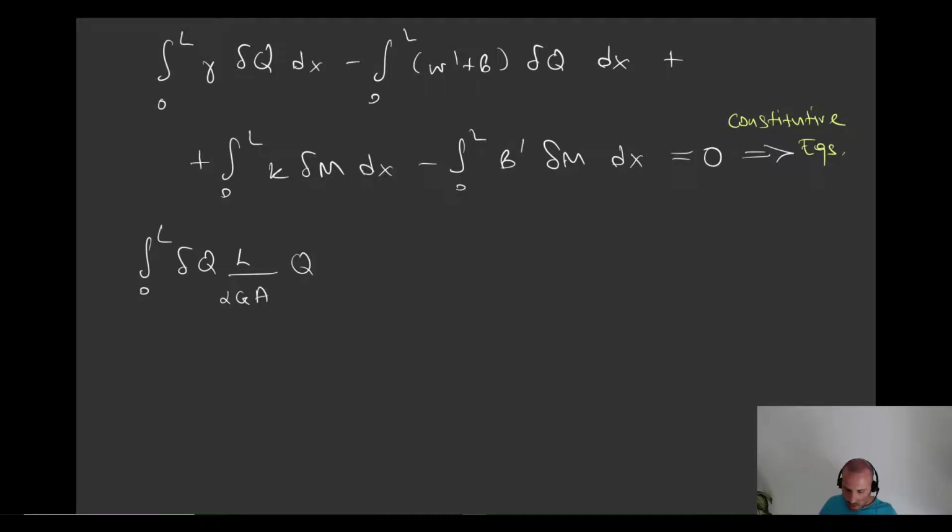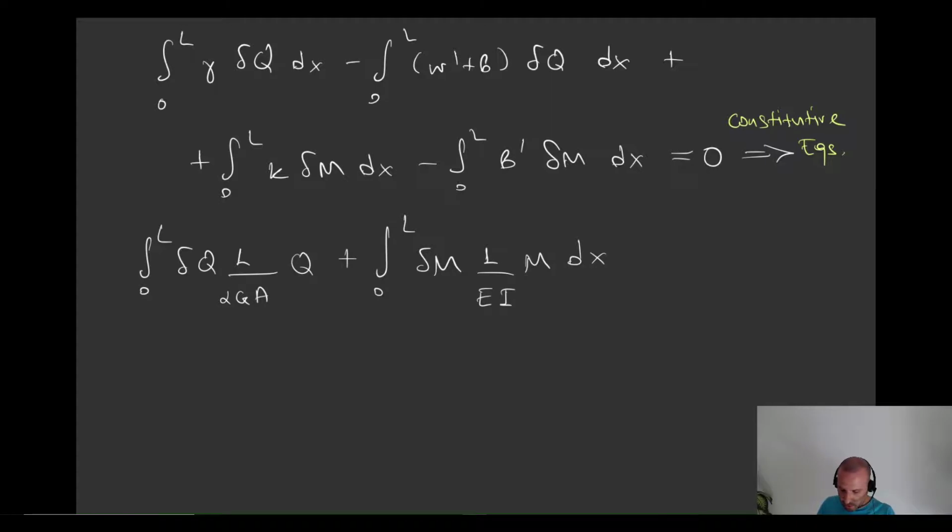And so then we have the next term, and I'm going to go to the next line and use that term here first. So it's going to be plus integral from 0 to L delta M, applying once again now the constitutive equations with respect to the moments. So that's going to be 1 divided by EI times M, another quadratic term.